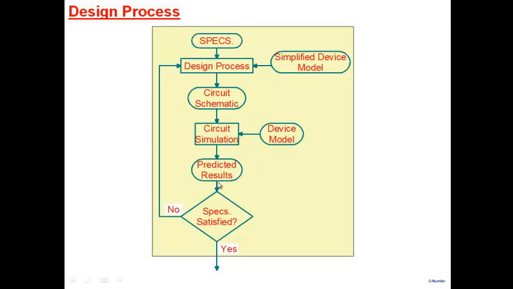You look at the results, and if you're happy with them, then it's fine. Then you go to the prototyping and the fabrication stage. If you're not happy, you of course iterate back to the design process. You make changes so that your design gives you the required characteristics, right? So this is a simplified view of what you do in design.